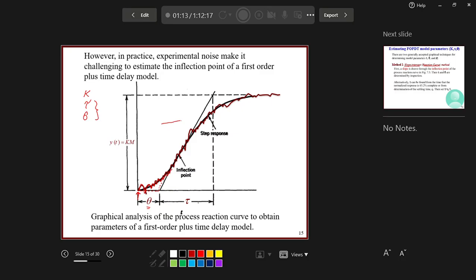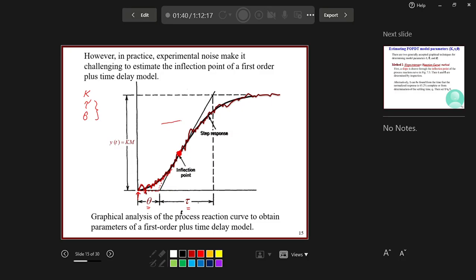And also, how can we find tau, which is found by making the slope of the curve at time equal to 0? In that case, we probably need to draw the tangent to the curve at the inflection point. And you know from mathematics, the inflection point is the point at which the curve changes the sign of the second derivative.